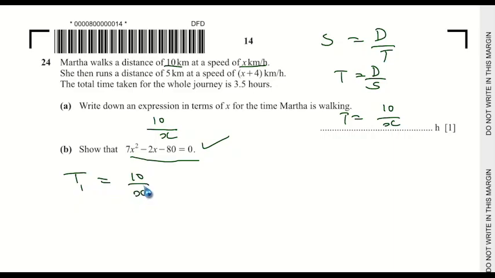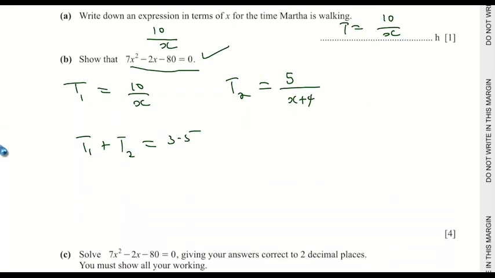We need to find t2, when she runs: t2 equals the distance covered, 5 kilometers, over the speed x plus 4. The total time is 3.5 hours, so t1 plus t2 equals 3.5. Now, 10 over x plus 5 over x plus 4 equals 3.5.